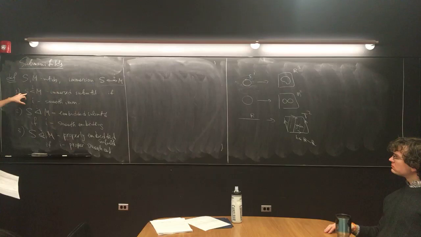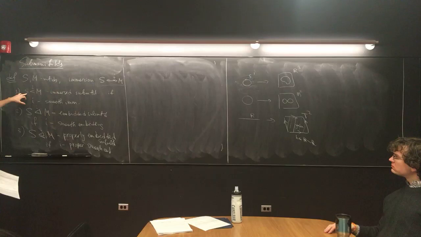So here you can prove a similar statement in the smooth category, which is: if you have a smooth quotient map, then it's a topological quotient map, and the smooth structure on N is the unique smooth structure that makes it into a smooth quotient map.